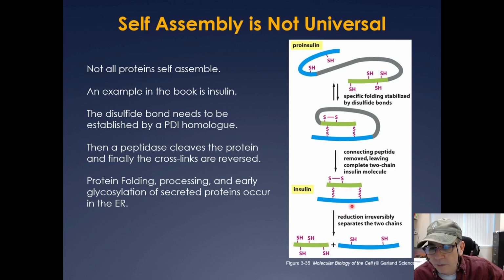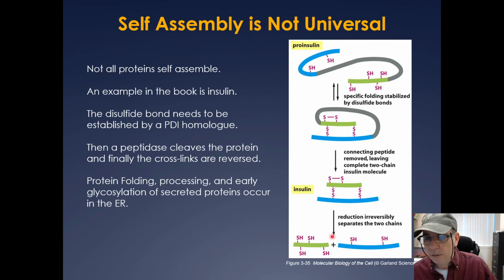And then when you want to get rid of the insulin, you can actually reduce the disulfides that are formed in the protein, so you're basically left with these two individual peptides. Okay, so the peptidase that's cleaving from here to here is what helps make proinsulin into its active insulin form.